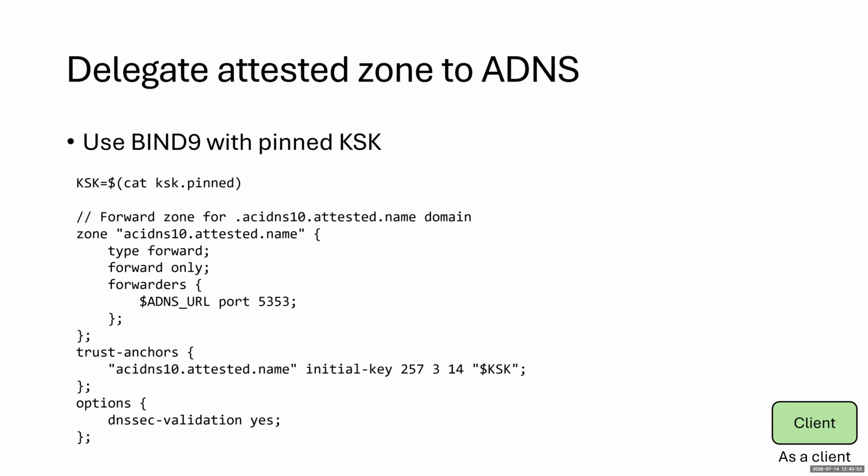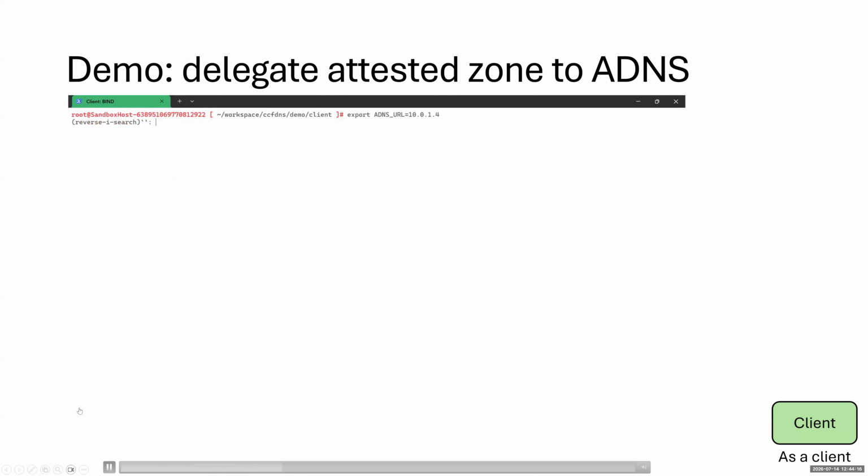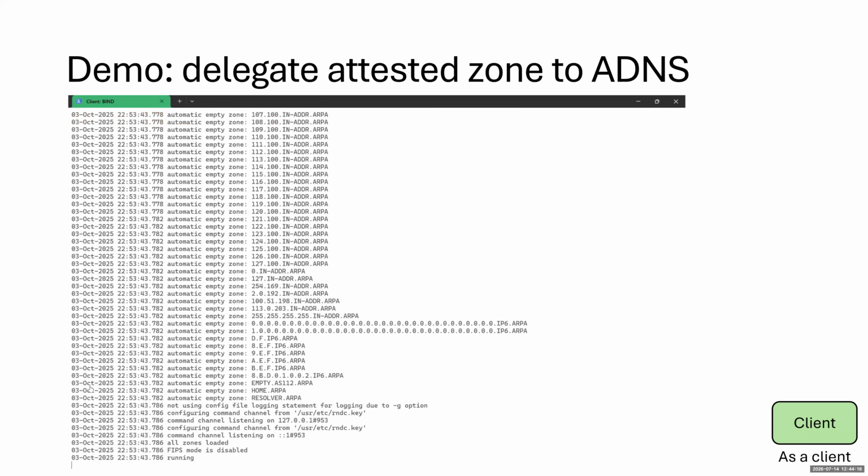We can tell bind, hey, from here on, you need to use that to authenticate whatever records are served to you for this zone here, ACI DNS 10.attested.name. This is the zone we use for the demo, and anything under there needs to be signed that way. You can just set the configuration and update bind. That's pretty straightforward.